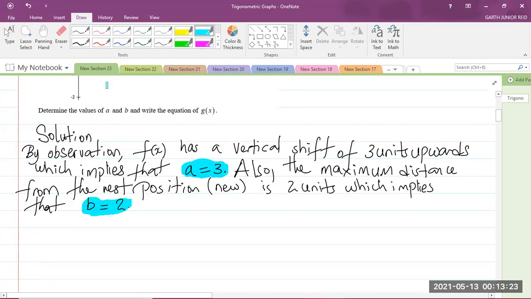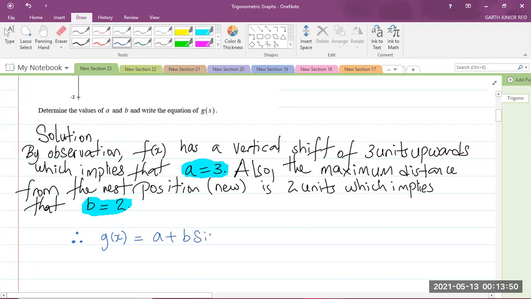Now remember in the question up here, it says determine the values of a and b, which we have just done, and write the equation of g of x. So therefore, g of x is equal to a plus b sine x.